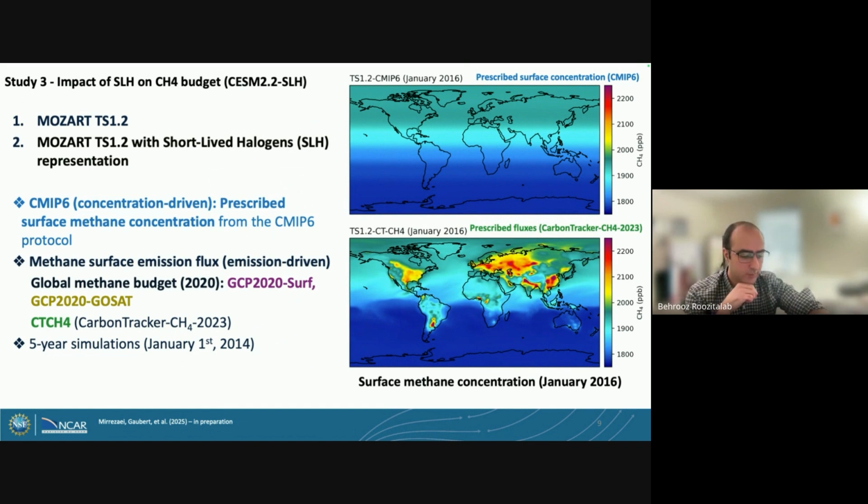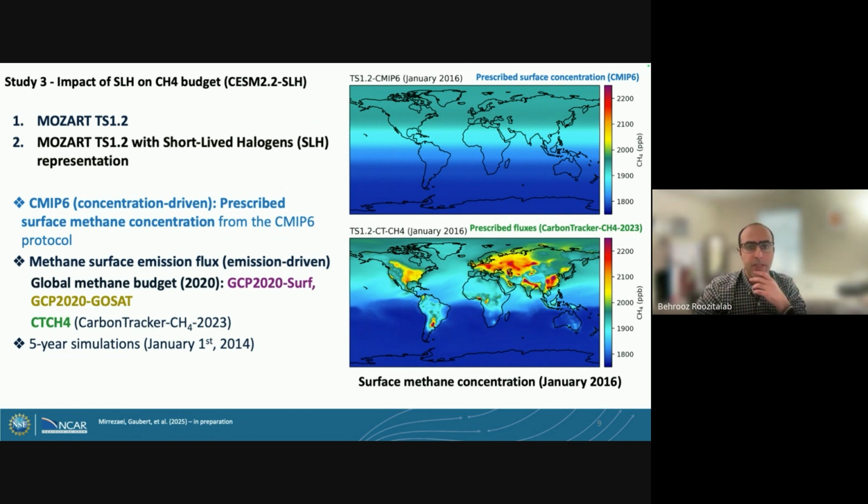Then I would like to talk about this study. We saw in the previous talk the impact of the short-lived halogens on the oxidation capacity and on OH.